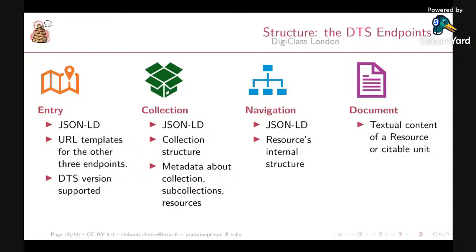Or you can say, show me the navigation endpoint for this document. And this will tell you how the document is structured, what kind of nodes you can cite. So for example, again, for the Iliad, you will have all the books listed, all the lines listed, and you can filter that dynamically by saying, I want only the lines in book 1, for example, and it will list the lines in book 1.